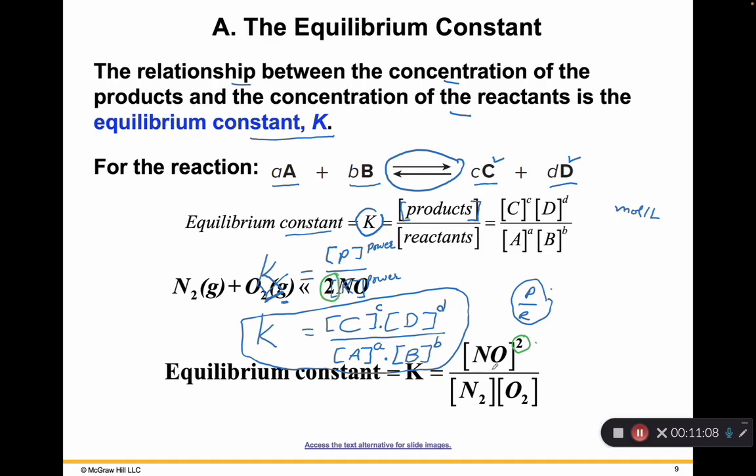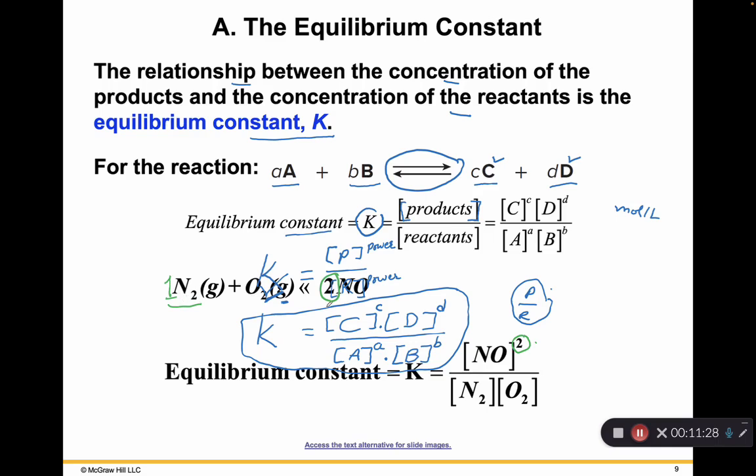Divided by, I have only one product, so I write just NO there. And now on the denominator, I have N2, so I have the concentration of nitrogen gas raised to the power 1 because I have coefficient 1 here.